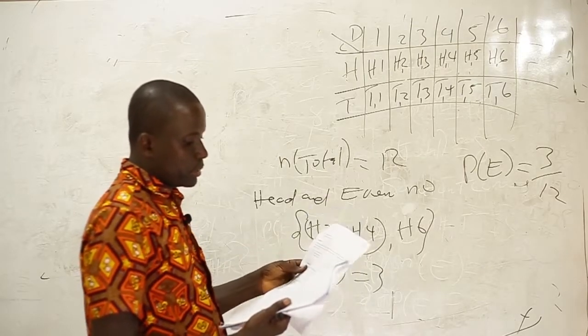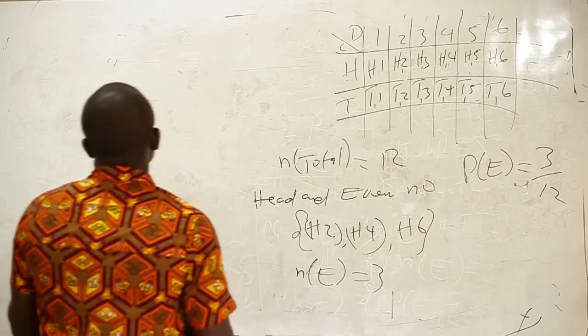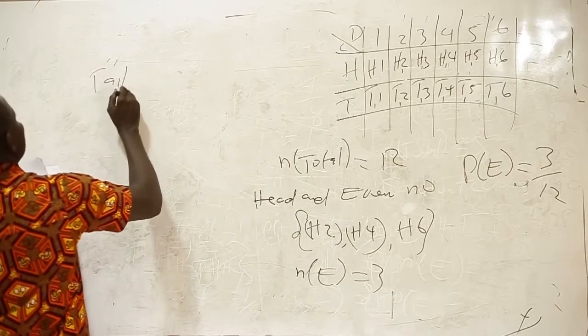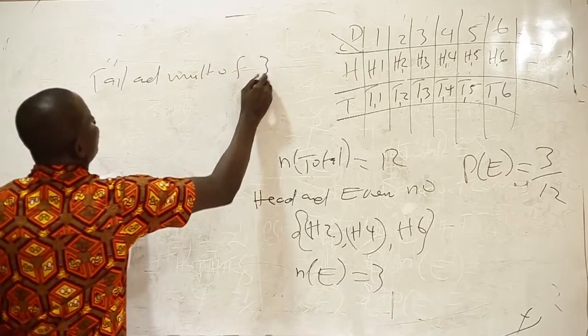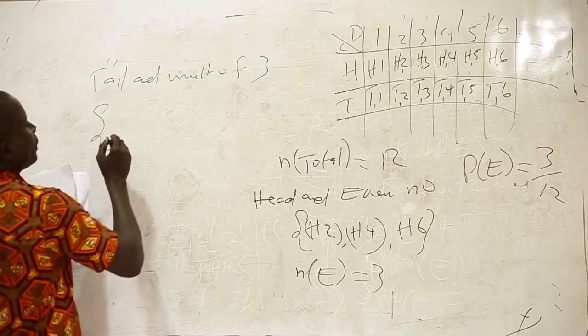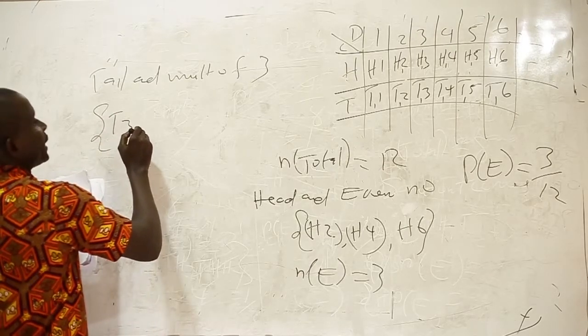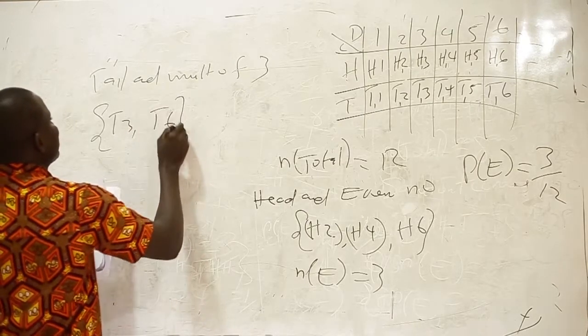Then he says a tail and a multiple of 3. So tail and what? Multiple of what? Of 3. What are the multiples of 3? A tail and a multiple. So we have T3, and then T6.